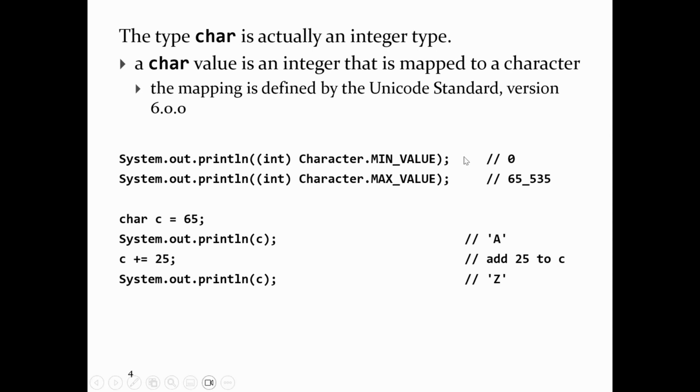As an integer value, the minimum is actually 0, and the max value is actually 65,535. Don't memorize those values. But if you go to print them, notice I'm doing something strange here: when I print them, I'm casting the char values to int to get their numeric values.